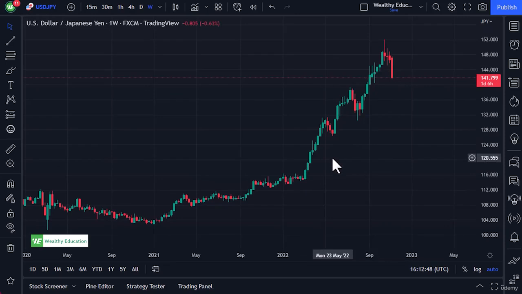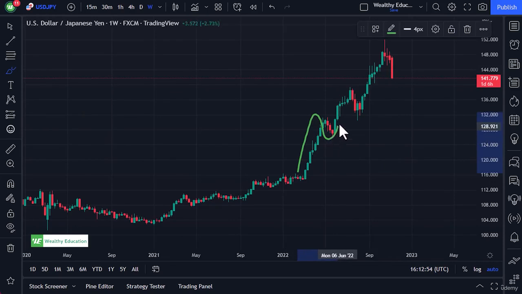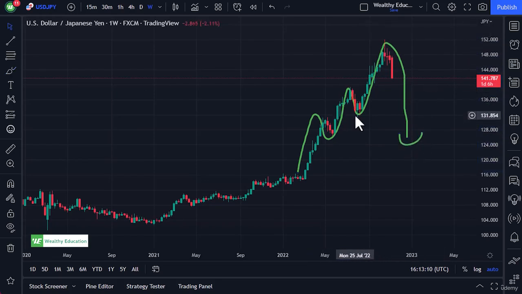Swing high, swing low. So in this case, that's a swing high. We pulled back to a swing low, swing high, swing low, swing high. And the beginning of a downtrend could form if we break down below the swing low there. Again, not going to hold my breath. So you'll notice that we have pulled back a couple of times.